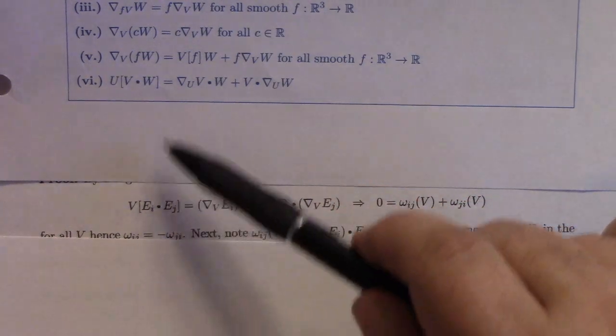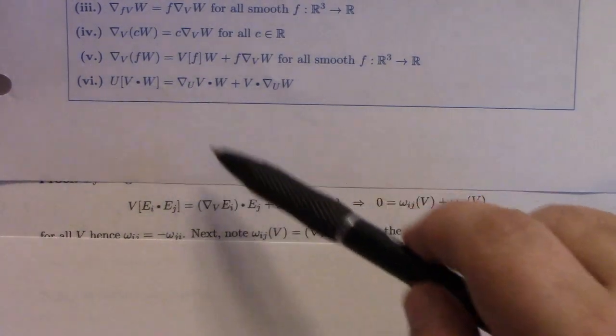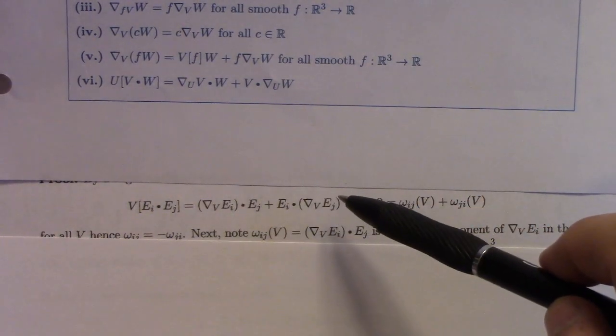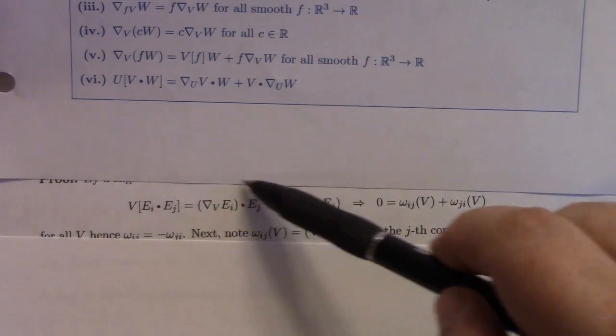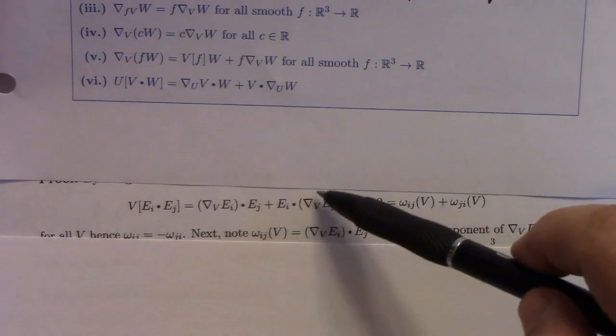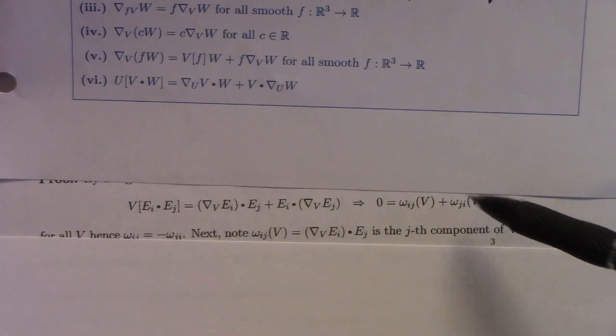And the v is e_i and the w is e_j, like that. But this by definition is omega_ij of v, and this by definition is omega_ji of v.